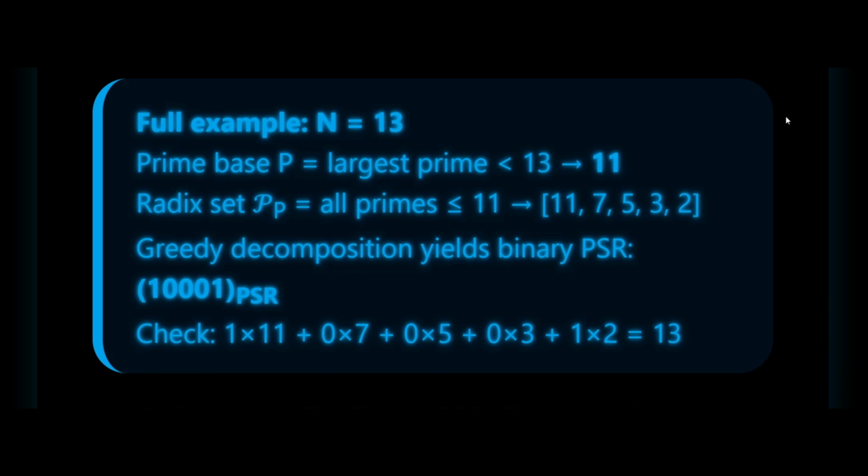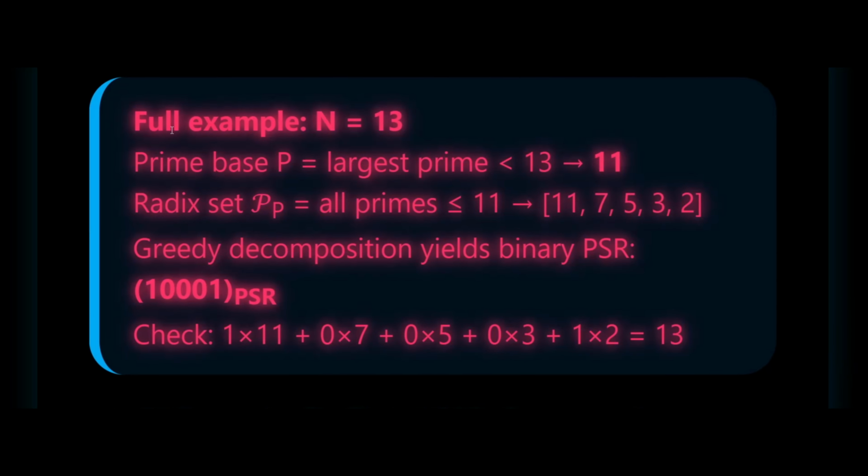First we check this example. We take a number n equal to 13, and we will transform 13 into the prime base. What is the largest prime less than 13? First we find the largest prime number less than 13. Now we consider that 13 is in the base of 11.